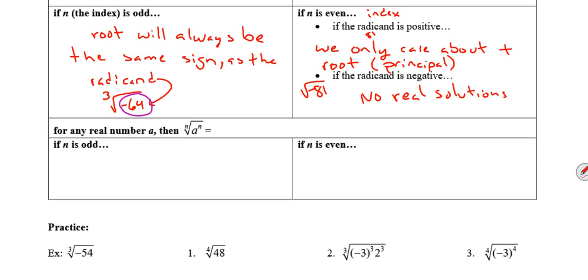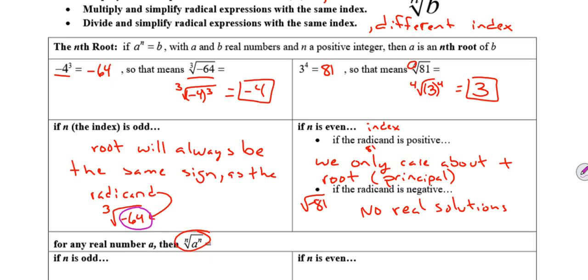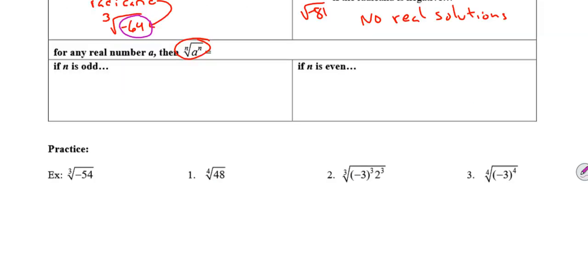Except for this one case, in problems like this, where you see that the index and the power are exactly the same. So this is only true when the index and power are equal.